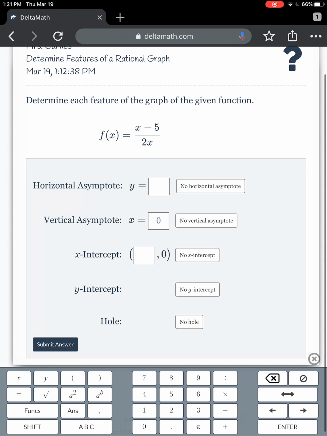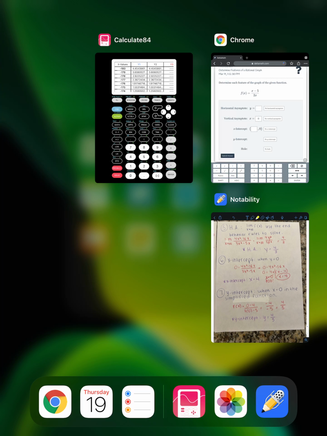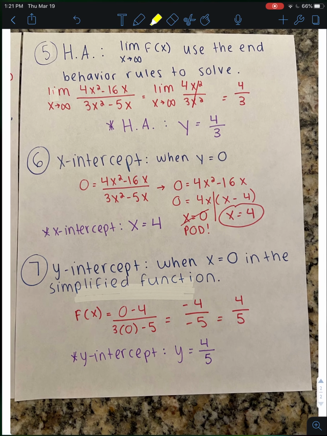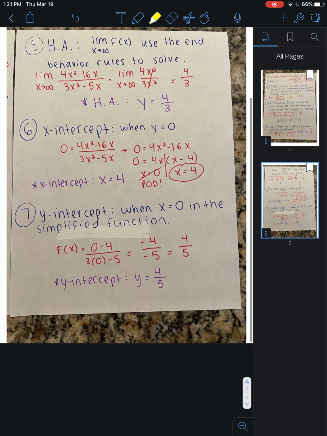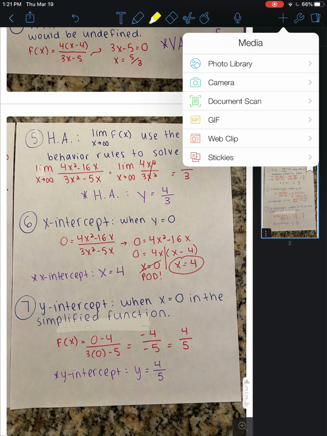Okay, and then as far as a horizontal asymptote goes, if you look at your highest power term in the numerator is x to the first, and in the denominator it's also 2x to the first. So let me just come back to the toolkit for a moment. So we have x minus 5 over 2x. I'm just going to write that down here.